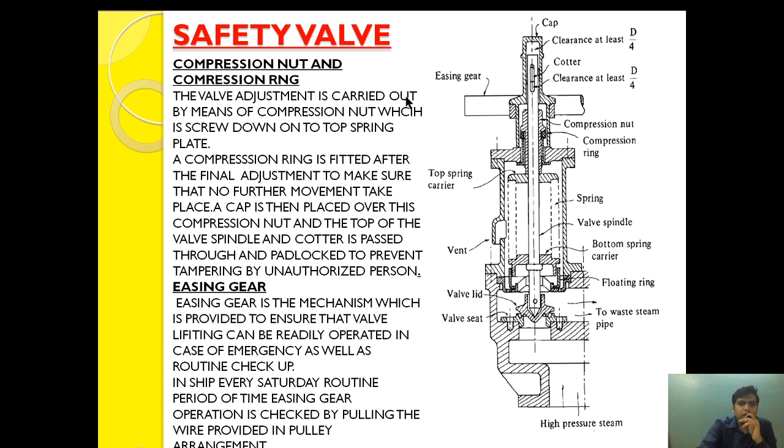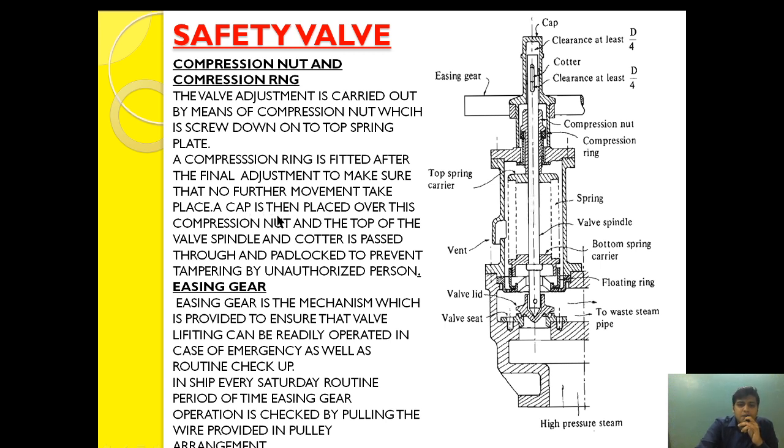So let's see what I've written here. The valve adjustment is carried out by means of a compression nut, which is screwed down on the top spring plate. A compression ring is fitted after the final adjustment to make sure that no further movement takes place.